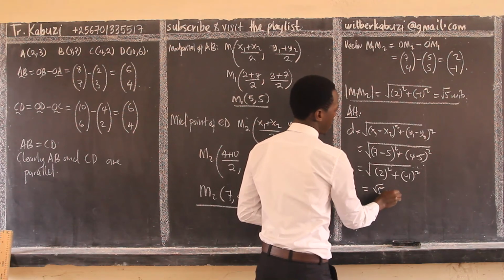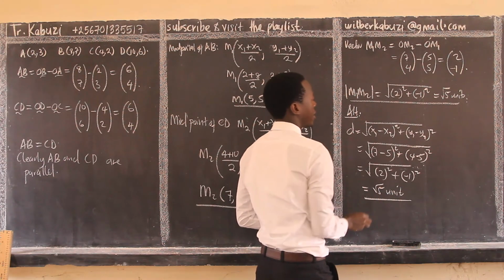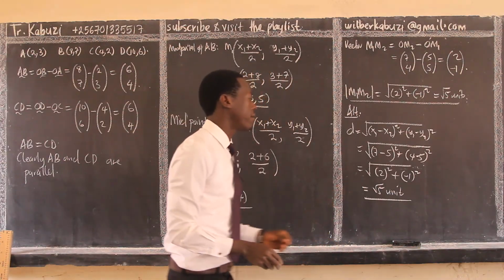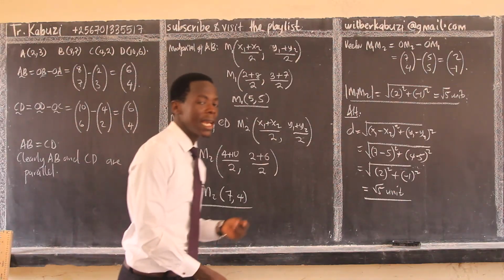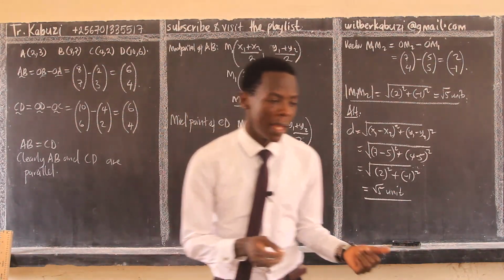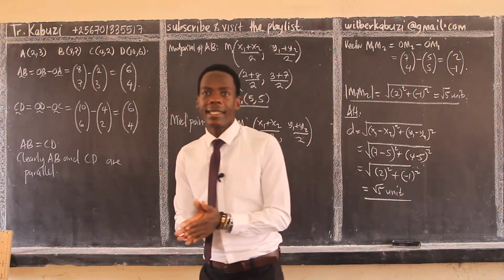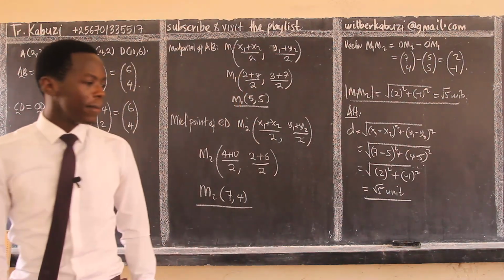So either way, you get the answer. The length of the flyover will be root 5 units. I don't know if they are giving us the units, maybe in meters, maybe in kilometers, we would have been able to put the units. So that's it. Next chapter.